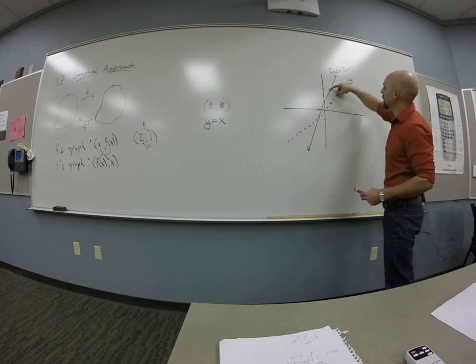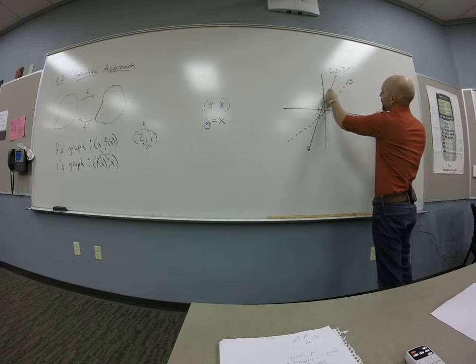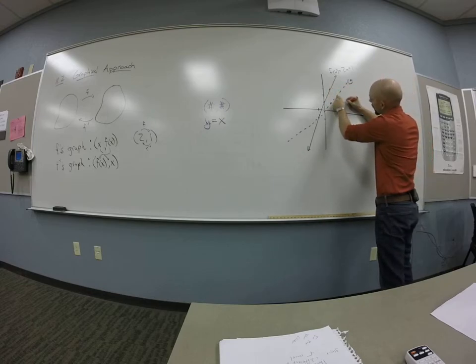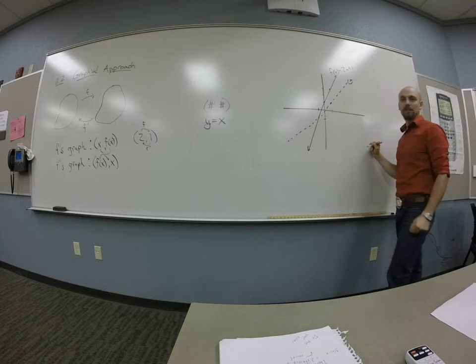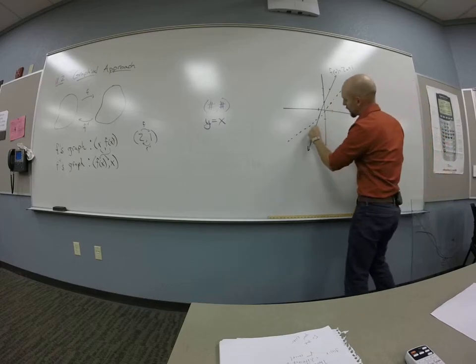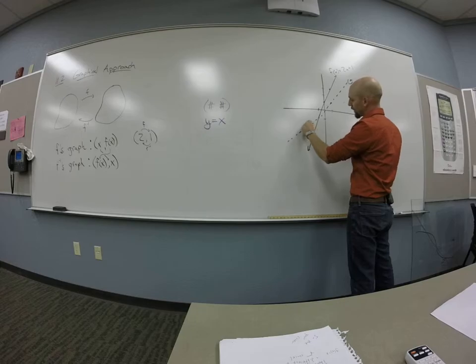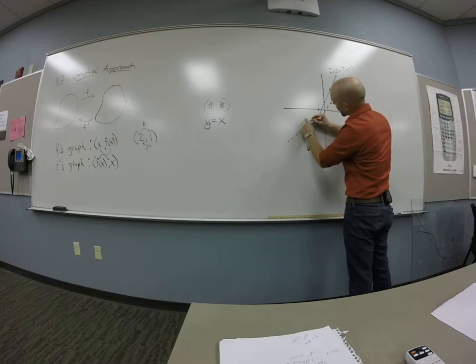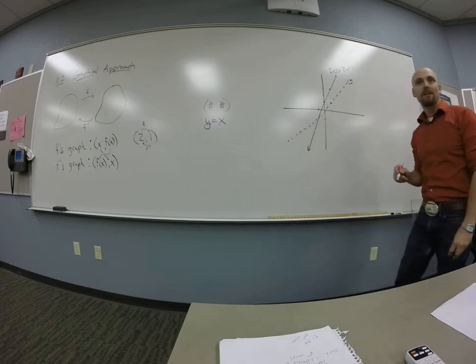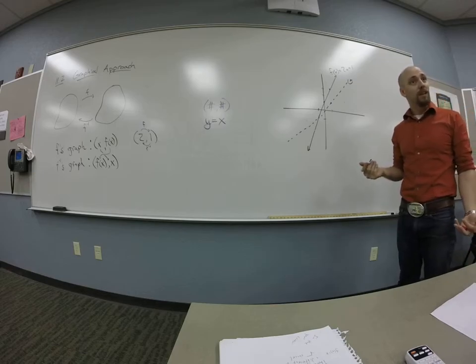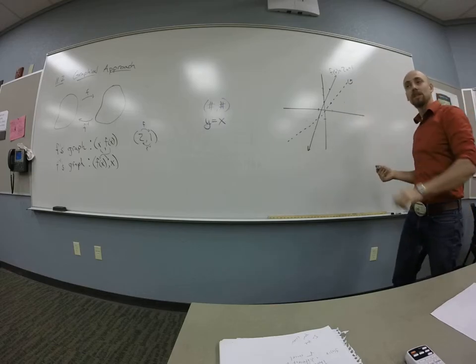So I can eyeball these, then this distance should be the same. Then I really just need to connect the dots. Even rotated, this is going to be a line.